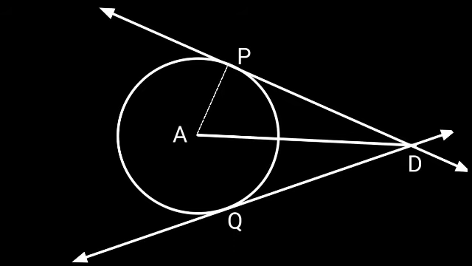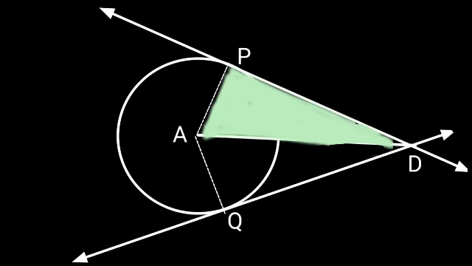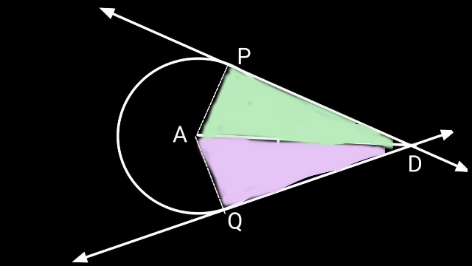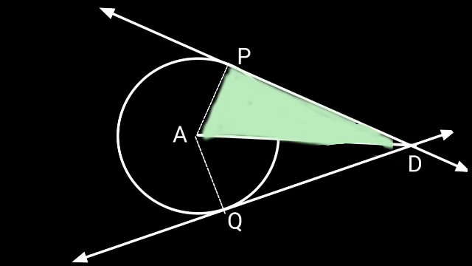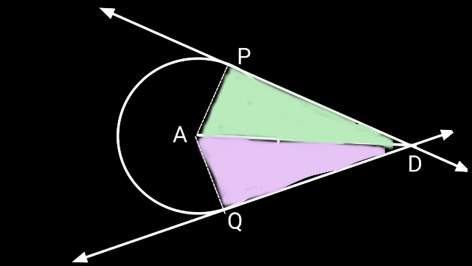If we join point A and P and point A and Q, then we get two triangles, triangle APD and triangle AQD. In these two triangles, AP and AQ are the radii of this circle.